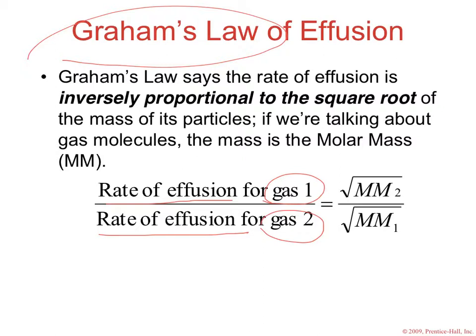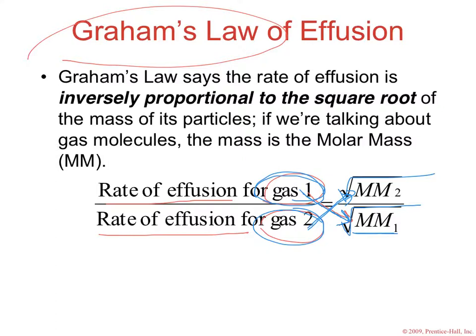Remember that the rates are inversely proportional to the molar mass. Okay, so if you're asked to do this ratio, just make sure that you put the molar mass of the gas that's on top on the bottom, and the molar mass for the gas that's in the denominator on the top. Don't forget the square root too. A lot of people will tend to do that.